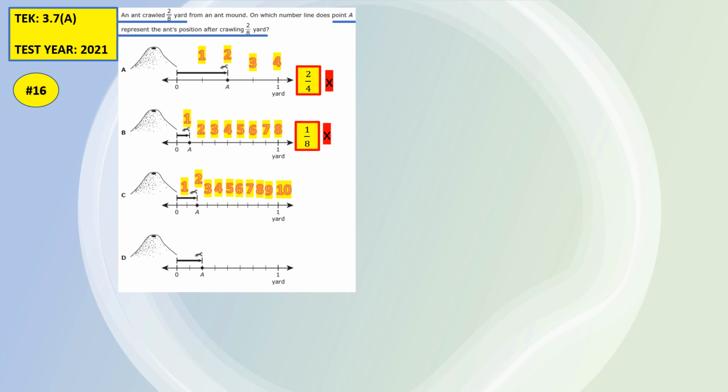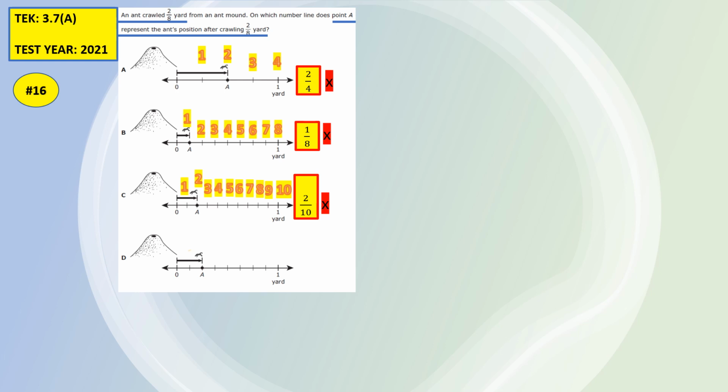So that means we're counting by tenths. And our point A is at the second mark, which means the fraction that's represented by this number line for answer choice C is 2/10. That's not the answer we're looking for either, which means it has to be D, right? Well, let's make sure.